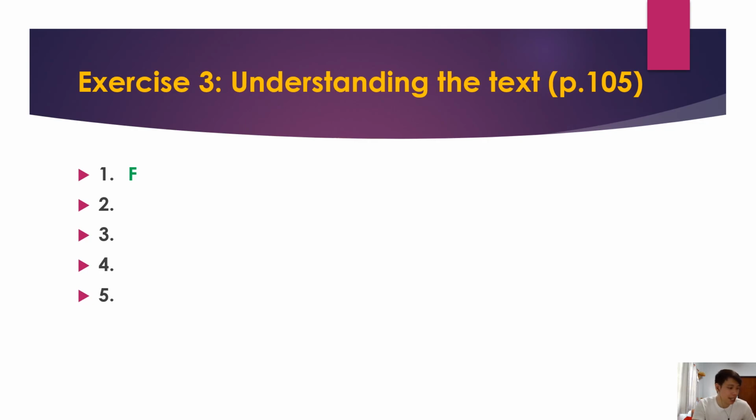Number 2: there was much conversation about the new house. You can look at line 2 and you see the sentence that they said little, which means they didn't talk much. So this one is false. Number 3: Adnan.